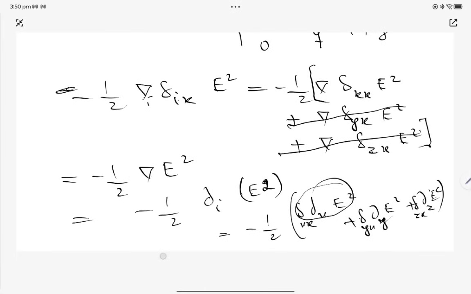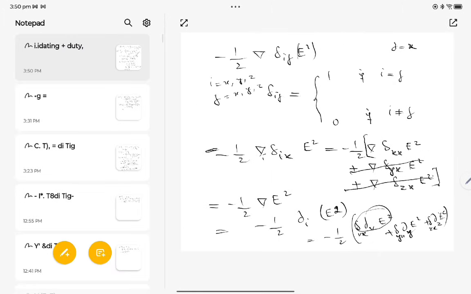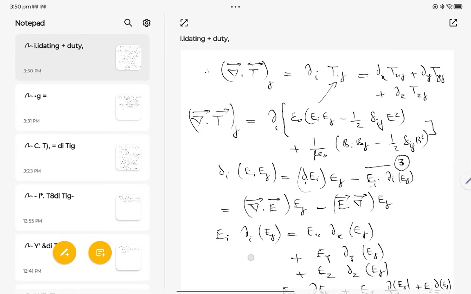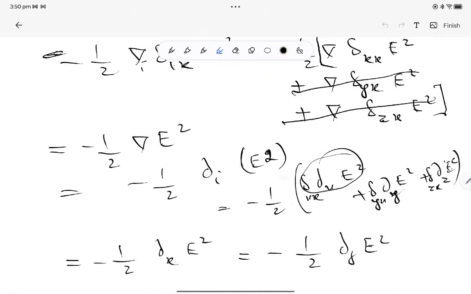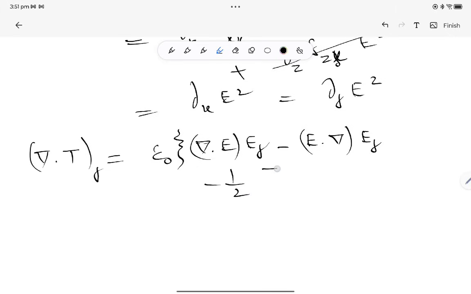Del dot e e j minus e dot del e j. Then we got, in place of that, minus 1 by 2 del j e square.